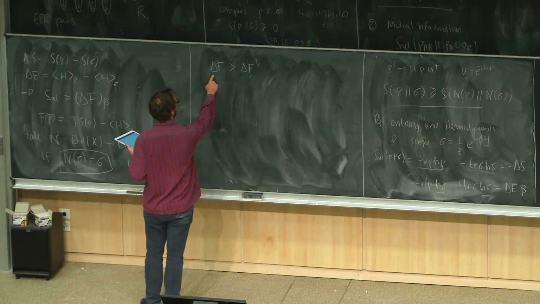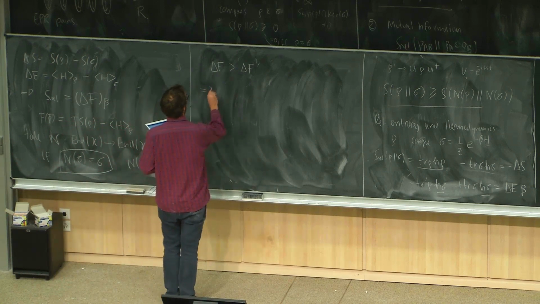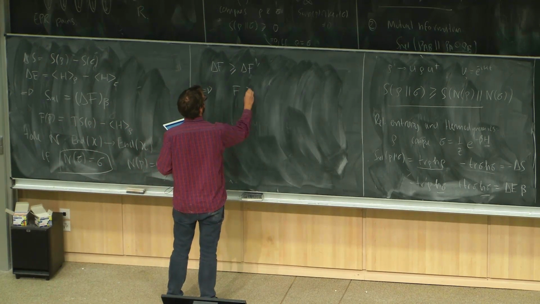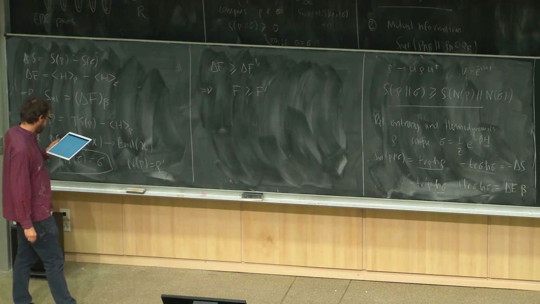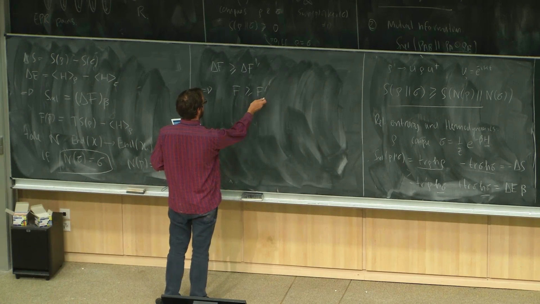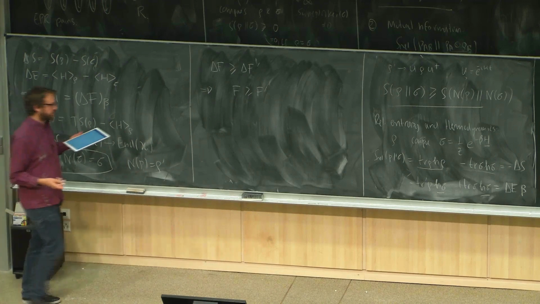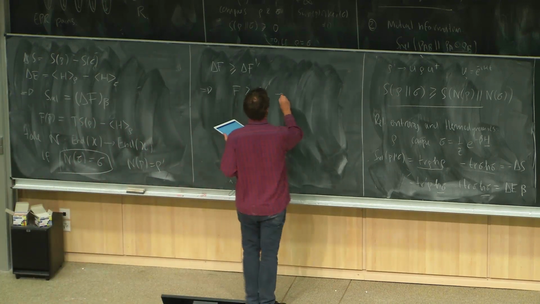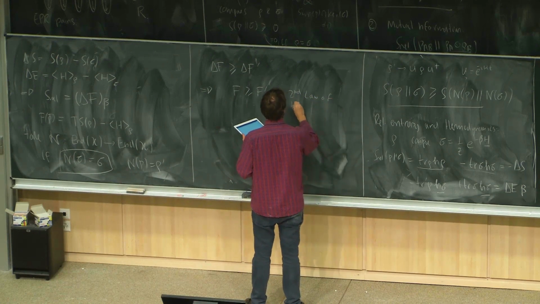But the original free energy is the same as the free energy of the Gibbs state, so that just means that F is bigger than or equal to F prime. Which is the statement that the free energy is decreasing, which is a statement of the second law of thermodynamics. This is the second law of thermodynamics.